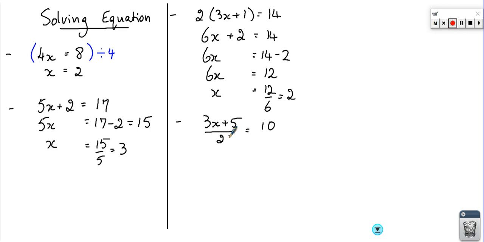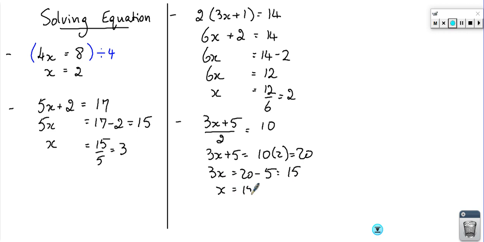I'm going to remove 2, place it on the other side of the equation, and from division it will become times. So I have 3x plus 5 is equal to 10 times 2, which is equal to 20. Now we're back to the step where I need to remove 5. So 3x is 20 less 5, which is equal to 15. So x is equal to 15 divided by 3, and in that case, x is 5.